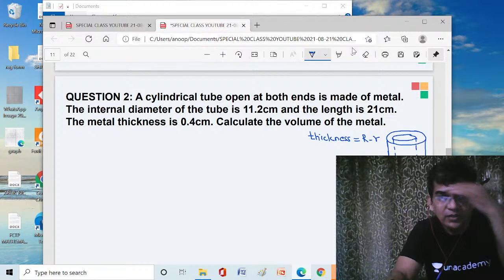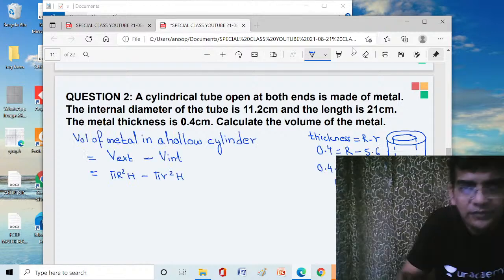Okay, so let's use the formula for volume. The volume formula is pi r square h. For the internal, it's the same formula, just capital R is replaced with small r. Now in a hollow cylinder, there is no internal or external height. Height is only one, only the radius differs.